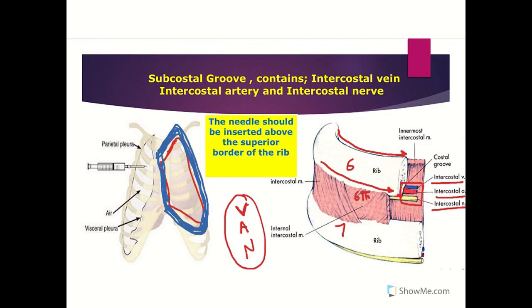Sometimes we have a condition known as pleural effusion. If this fluid increases due to any cause, just like inflammation or infection, this fluid accumulates much more than normal around the lungs, and this causes pressure and compresses the lung.